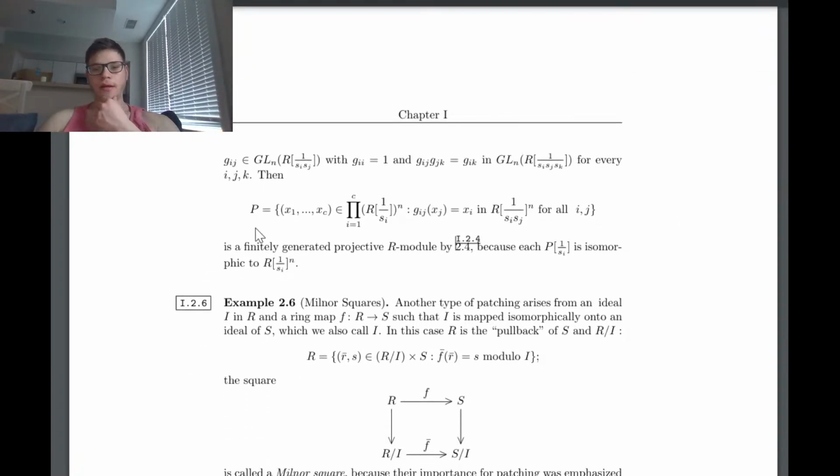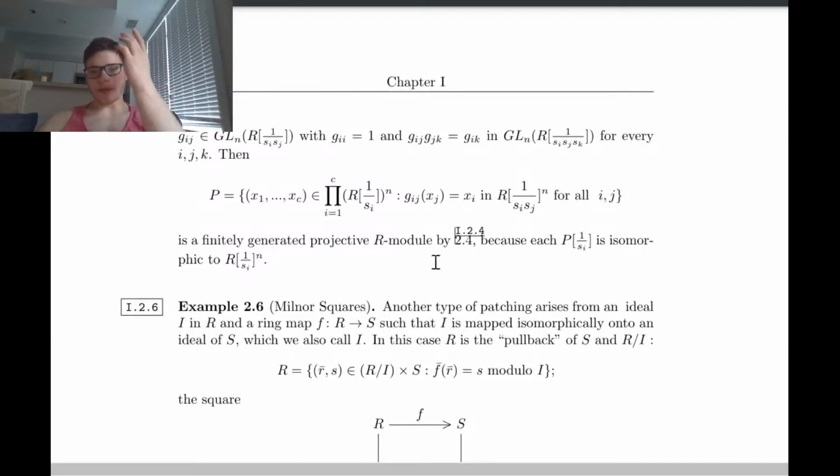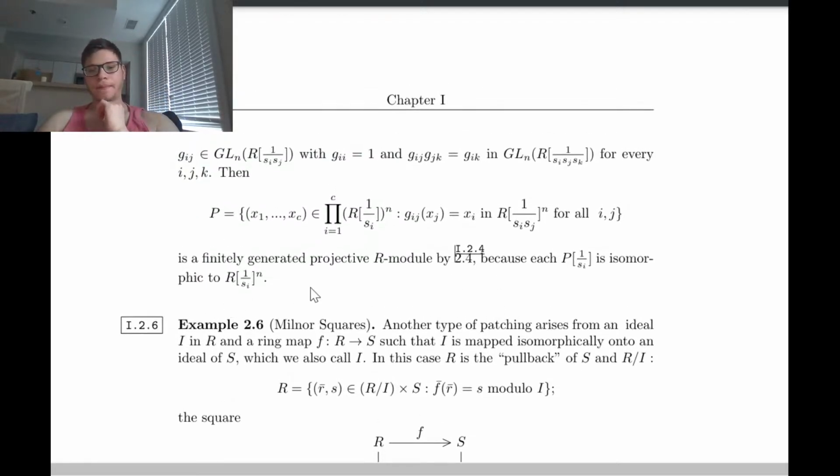Then P, which is this module, is a finitely generated projective module, because when you localize it at 1 over Si, you get a free module.